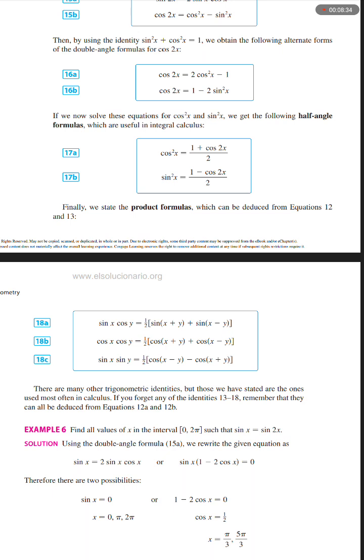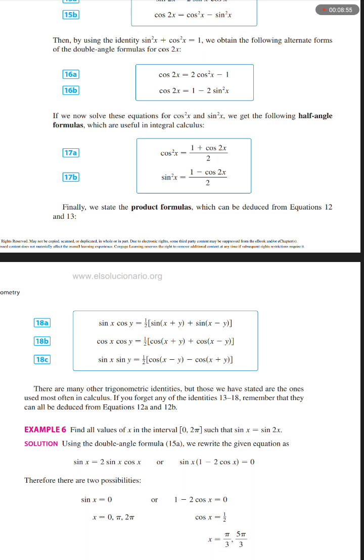Equation 18b: cosine x cosine y equals 1/2 [cosine of x plus y plus cosine of x minus y].